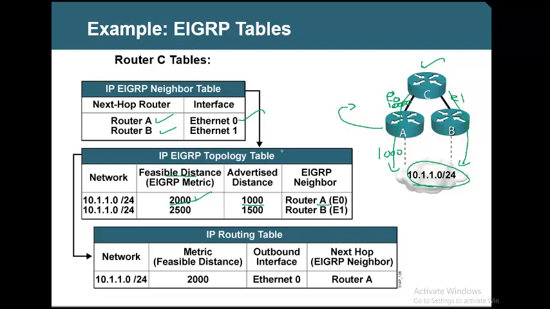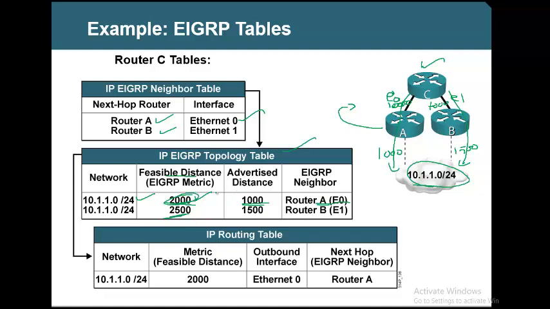So in the topology table, what do you see? For every destination, you will see the feasible distance, the advertised distance, and the neighbor via which you can go. So what is the metric here? 1500. What is the metric here? It's going to be 1000. Only then you will get 2500.